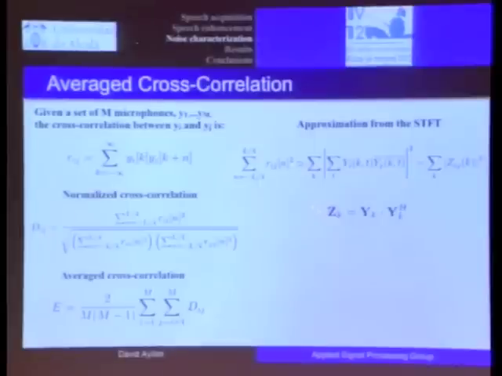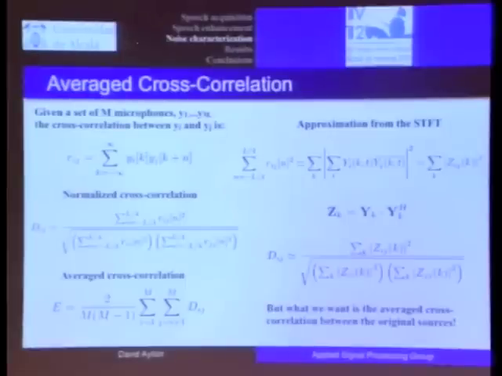In matrix notation, this expression is showing the cross correlation function between two microphones for the frequency k. And this expression, the normalized cross correlation, can be approximated from the time frequency domain. But this gives us the average cross correlation of the microphone recordings.